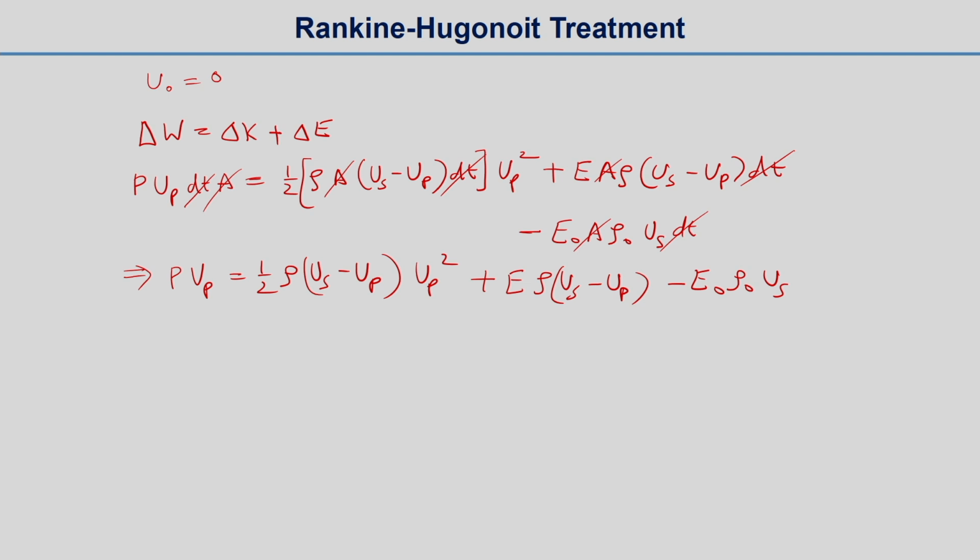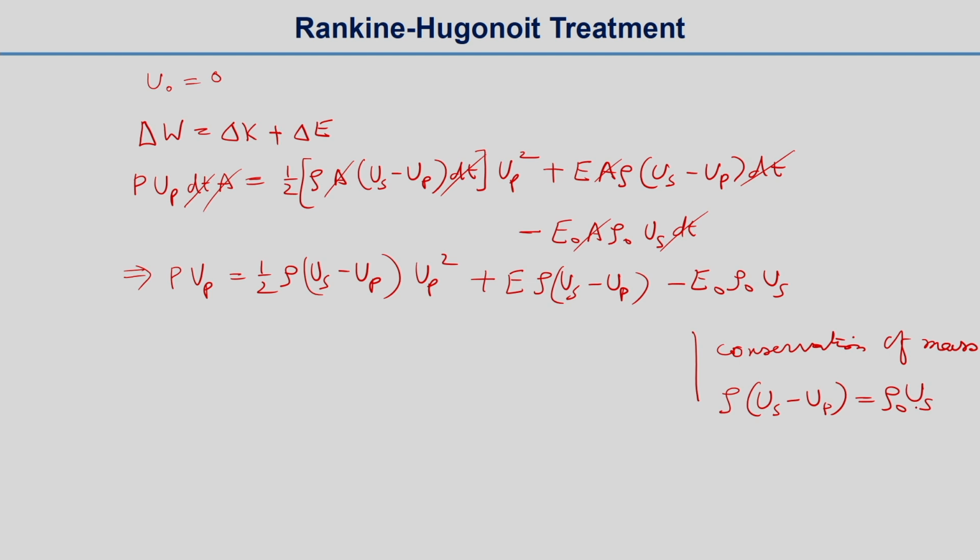So from conservation of mass, we got that rho (Us minus Up) is equal to rho naught Us.